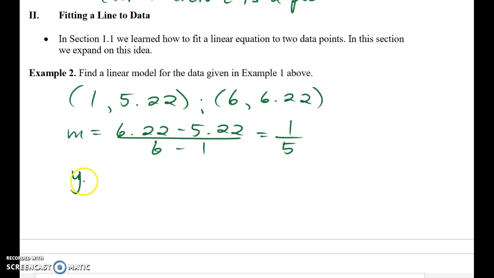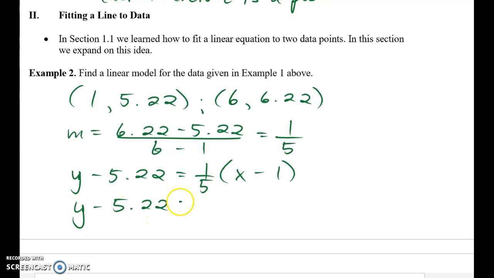So let's use good old point slope form, y minus y1 equals m times x minus x1. I'll pick the first point. Now that's fine if I just asked you for point slope form, but if I asked you to simplify another step or two to get slope intercept, it would look something like this.